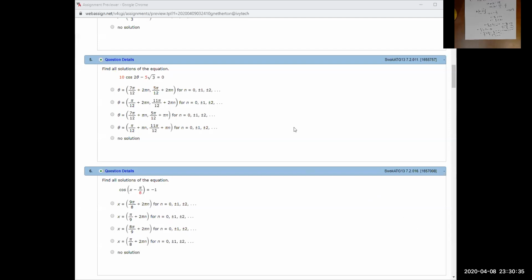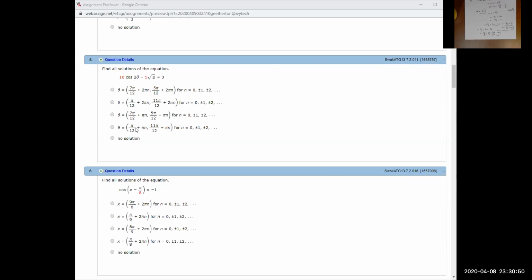So hopefully, when I go look at the answers, that's one of my choices, and hopefully it'll even be the correct one. This is problem number 5. I'm looking at pi over 12 and 11 pi over 12. Here's pi over 12, 11 pi over 12. But look here, it's not plus 2 pi, it's plus pi n.